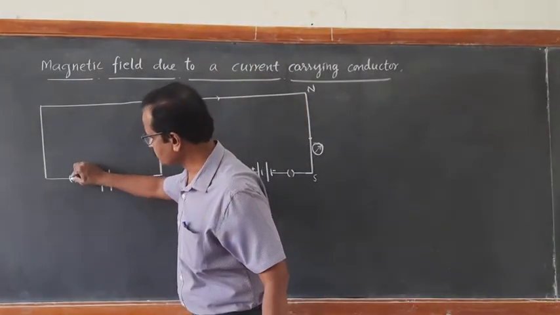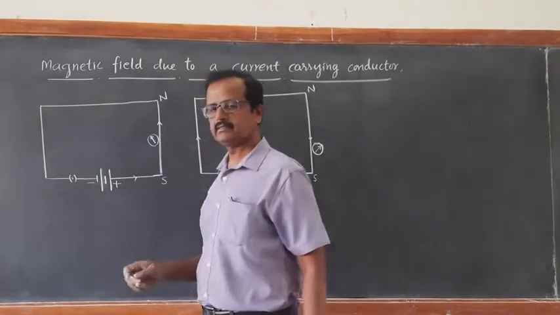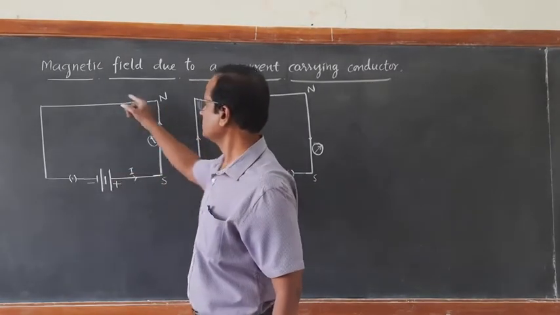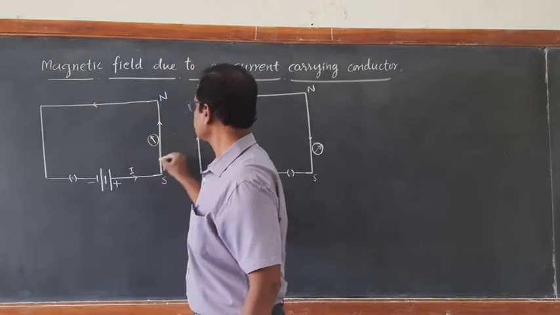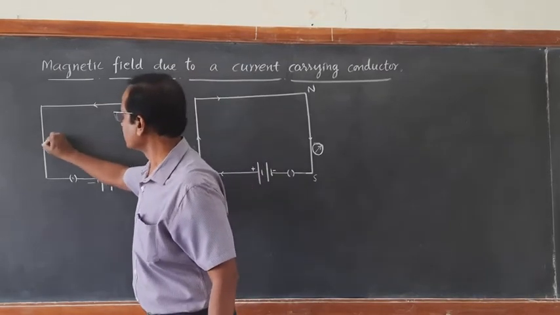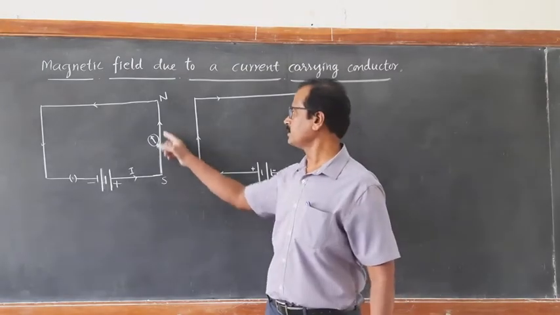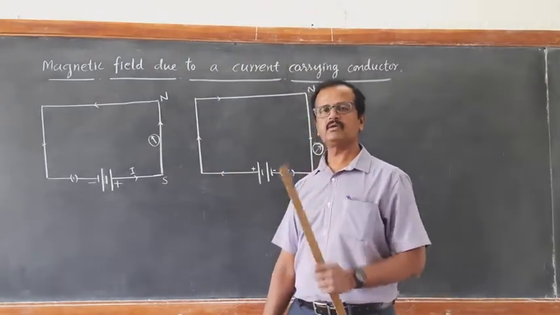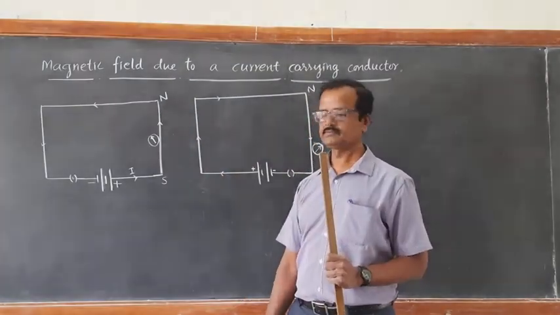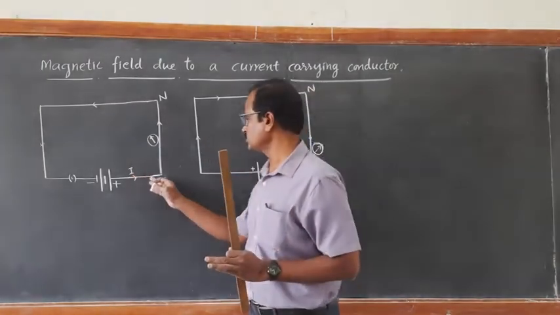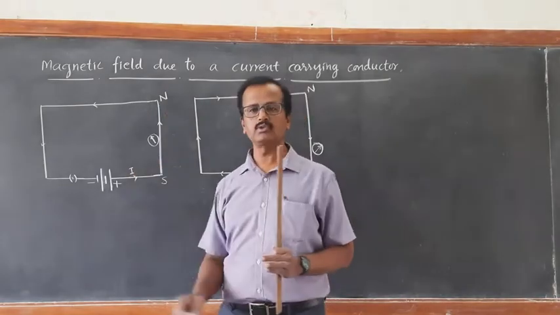When you close this key connected to the battery, suddenly you will find the current flowing from the positive terminal to the negative terminal in this direction. Now the thick copper wire is along the south to north direction, and the direction of the current is also from south to north.